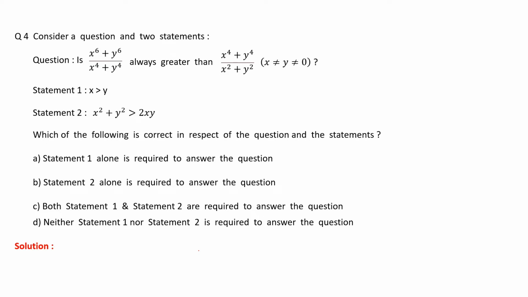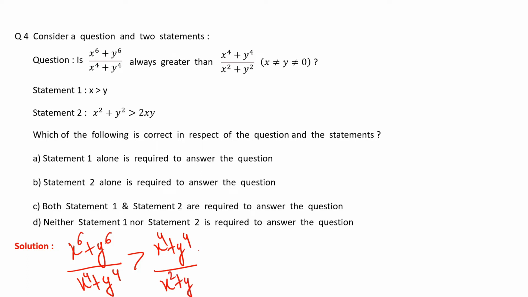Now students, to solve this problem, let us assume that the first expression, that is (x to the power 6 plus y to the power 6) whole divided upon (x to the power 4 plus y to the power 4), is greater than (x to the power 4 plus y to the power 4) whole divided upon (x square plus y square). I am assuming that this is true.